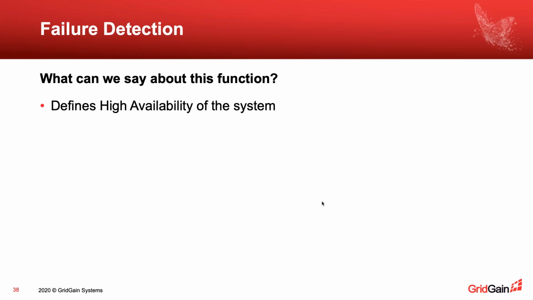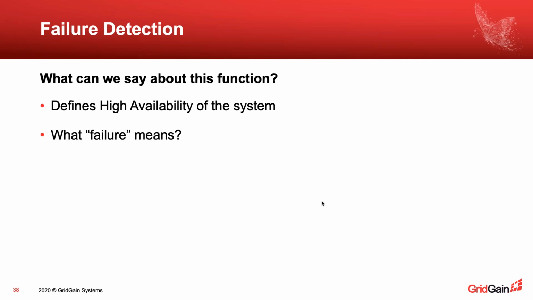And failure detection defines high availability properties in the same way data transfer defines the performance. If we want high availability, we need to be able to understand that something bad has happened quickly, and we need to be able to react to that quickly as well. And this is why failure detection is so important.